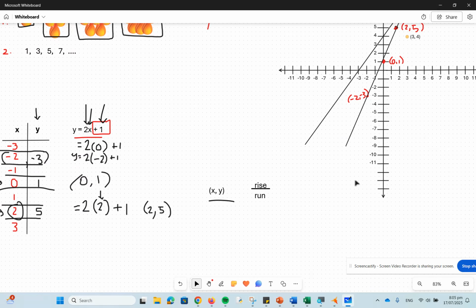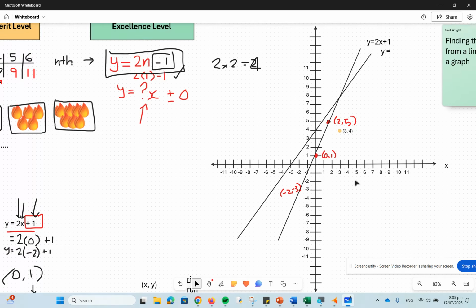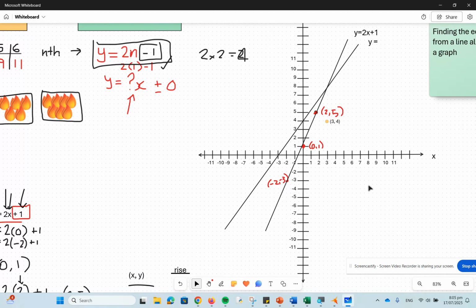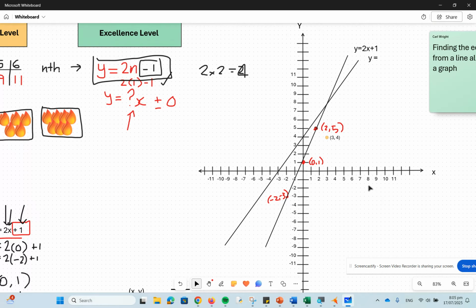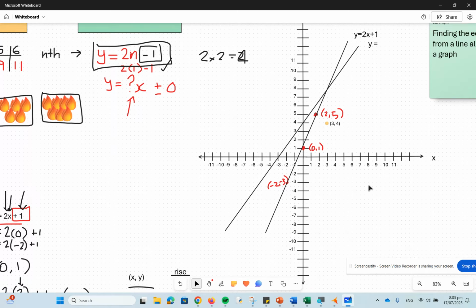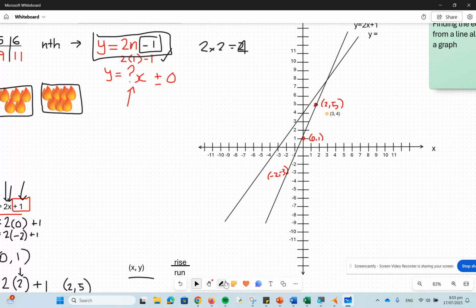Now I'm going to teach you another sort of excellence skill. One more thing you might be asked is this question: find the y-intercept of that line that we just plotted.